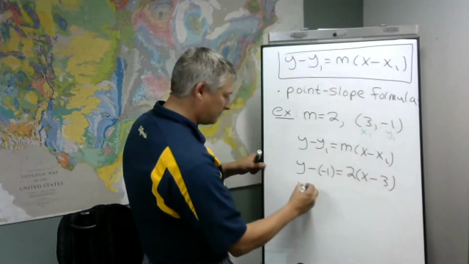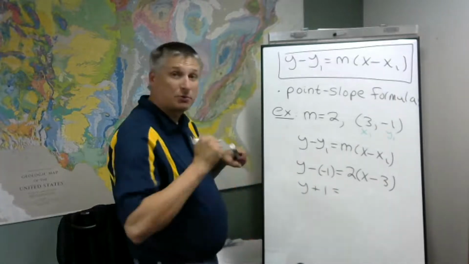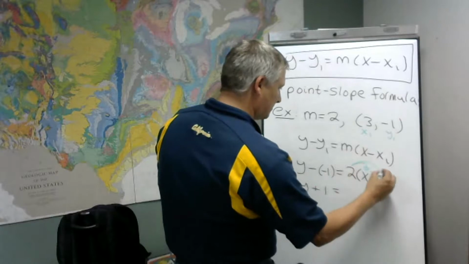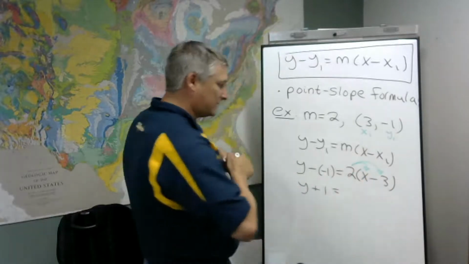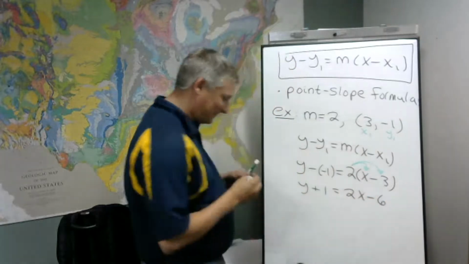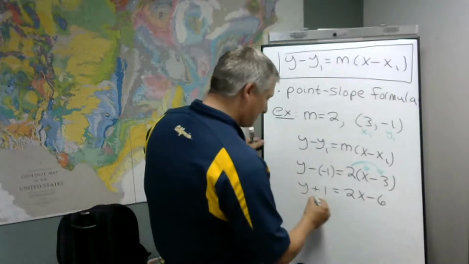Double negative becomes a positive. We can distribute the 2. And we get 2x minus 6. Finally, subtract 1 from both sides.